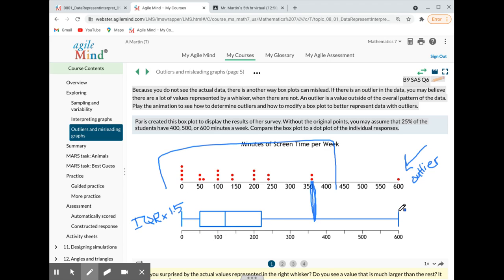If this number right here is more than the amount that we get, then it's considered an outlier. If it's not, then it's not. Now, if we were looking for an outlier to the left of our lower quartile, we would subtract the interquartile range times 1.5. So we're going to see how that works in just a second.